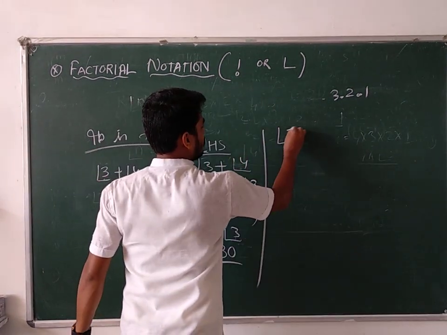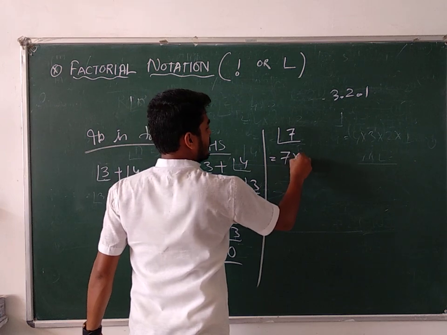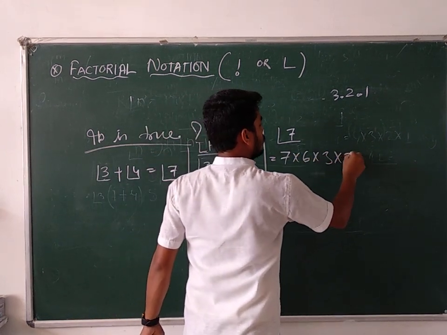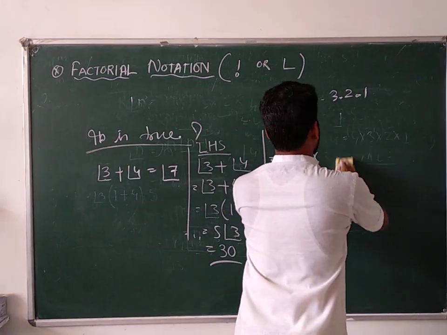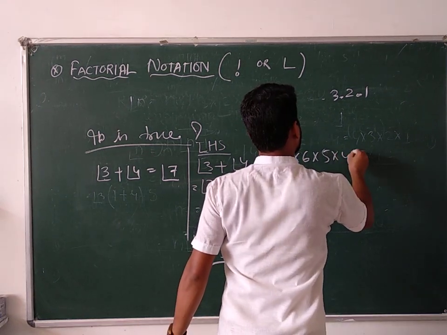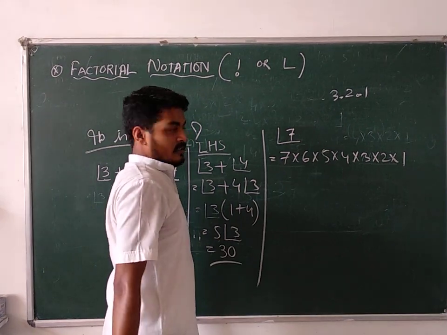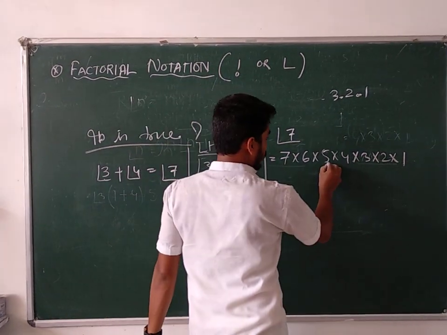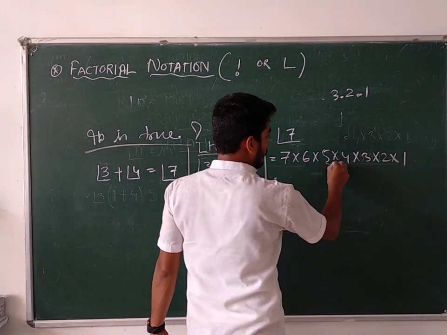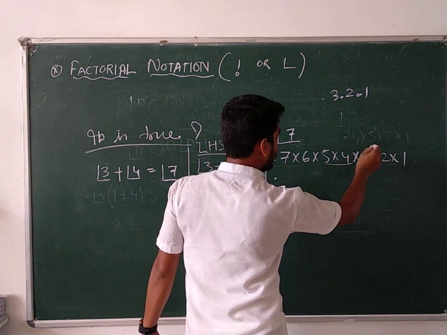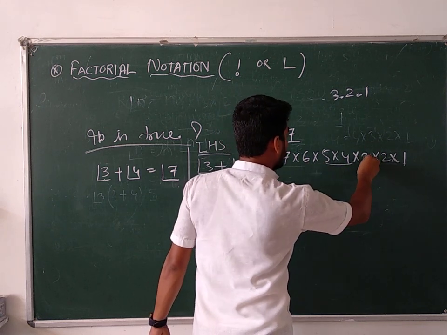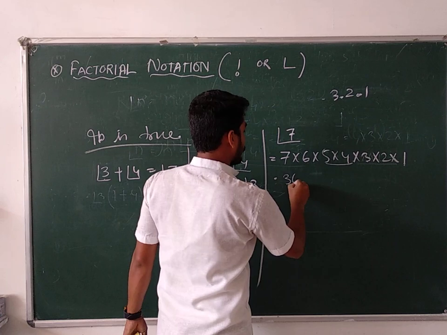Then what about factorial of 7? Factorial of 7 means 7 into 6 into 5 into 4 into 3 into 2 into 1. Correct? So what is the answer?